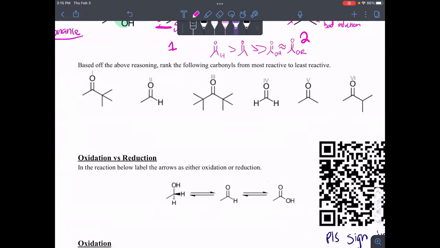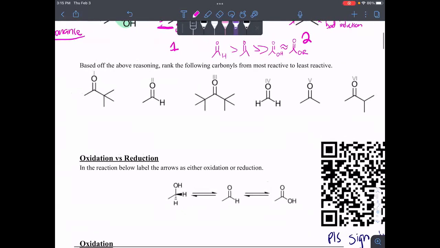So what induction are we looking for? Or how much induction? We're looking for the most induction for the least reactive. So which carbonyl has the least amount of electron donating groups?